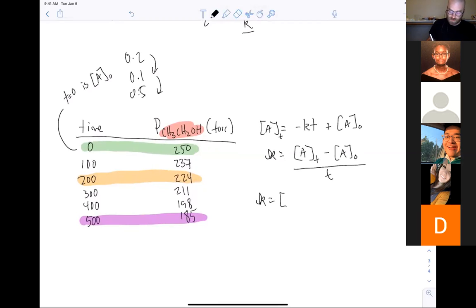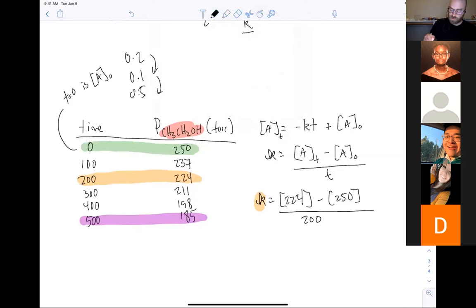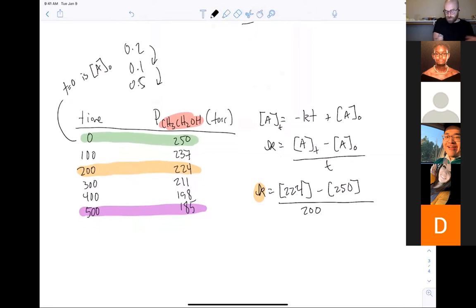So we'll take 224 minus our initial, which is 250, divided by the time associated with 224, which is 200. So that data corresponds with this. And we could see what that comes out to be. I'm going to be sloppy with my units. Oh, this is negative k.